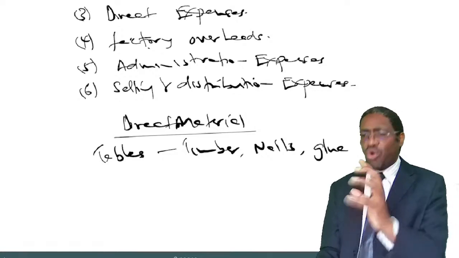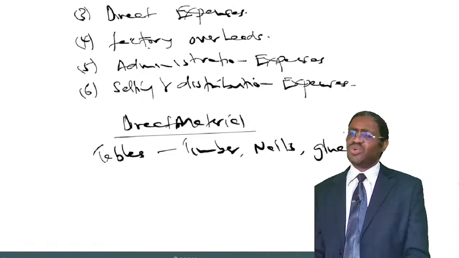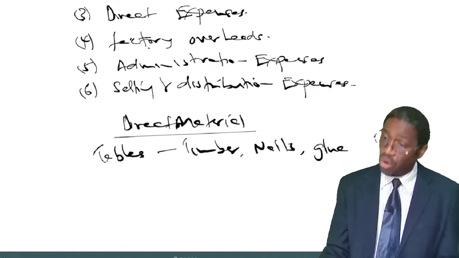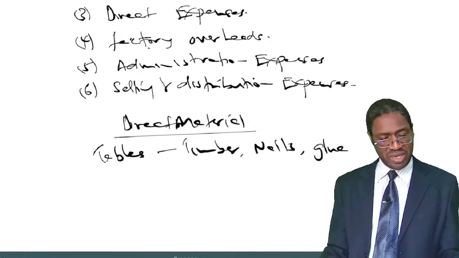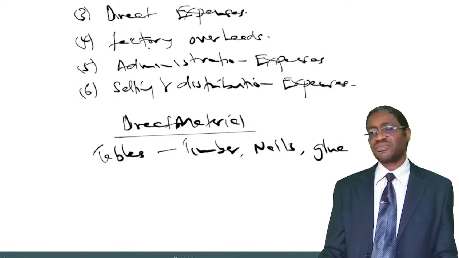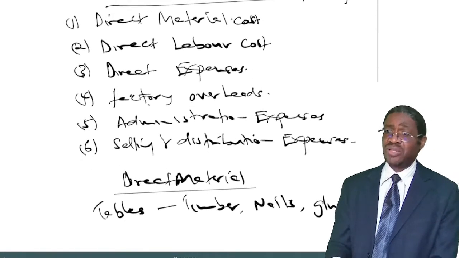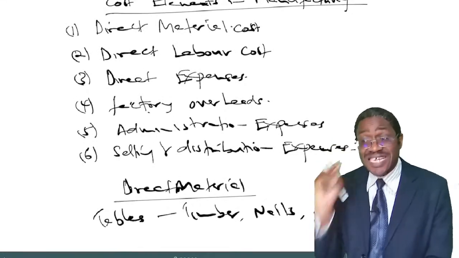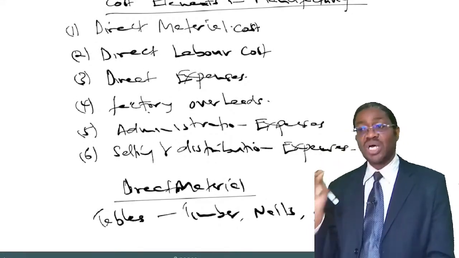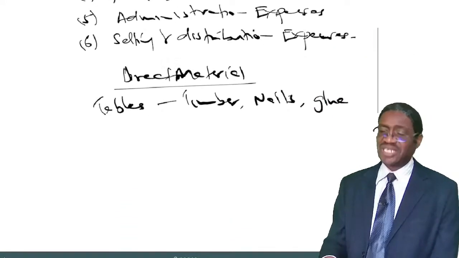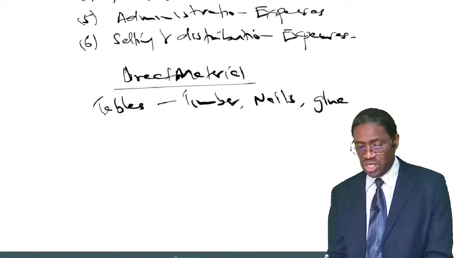So the cost of these materials is what we normally refer to as direct material cost. Good. That's all we can say about direct materials. They are those materials that are used directly in the manufacture of a product.